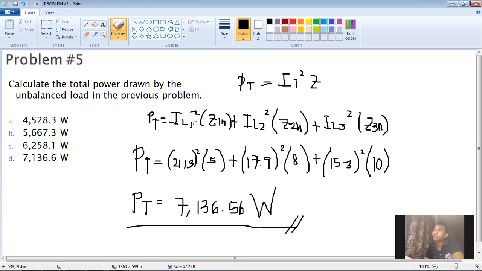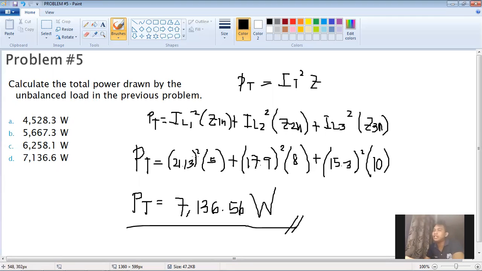So we have the IL1 squared times the Z1N plus the current in line 2 squared times the impedance in 2N, plus, since we are talking about the total power, the current in line 3 squared times the impedance in 3N. So the IL1 here is 21.13 from the previous problem, problem number 4.